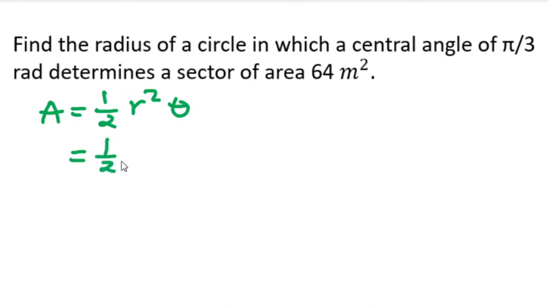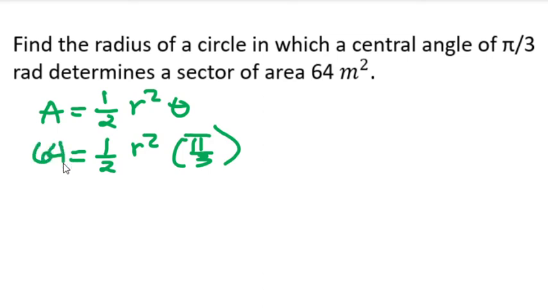So, 1/2, our radius is the missing value, and the angle measurement given is pi over 3. Since it's already in radians, there's no need to express it into radians, because it isn't in degrees. And the area is 64 meters squared.